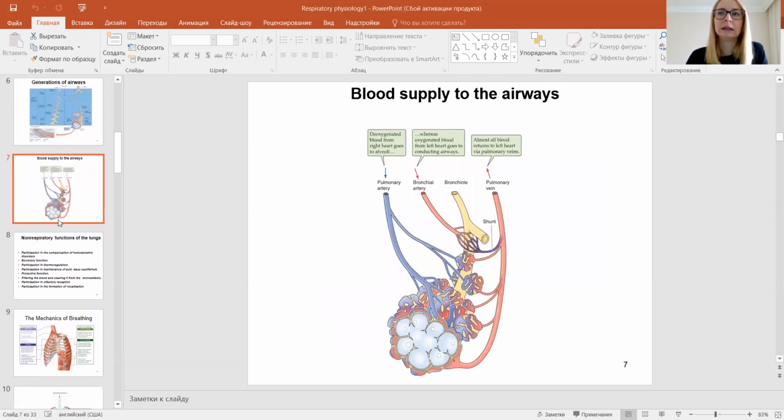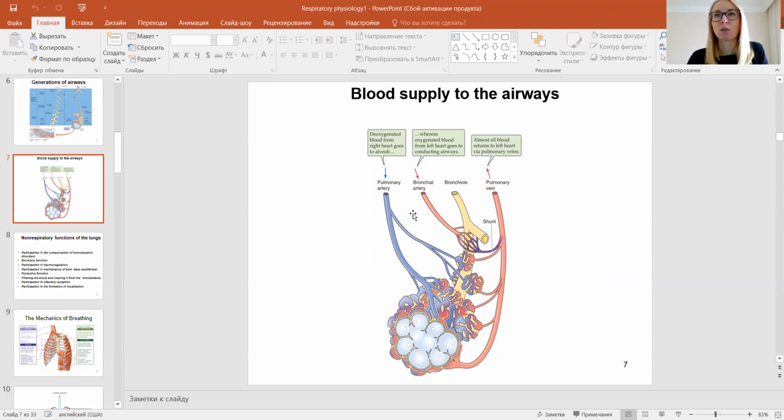So what is pulmonary blood shunting? Let's discuss it. Lungs are supplied with blood from two sources, the pulmonary artery and the bronchial artery. The alveoli obtain venous blood from the pulmonary artery and provide its oxygenation.